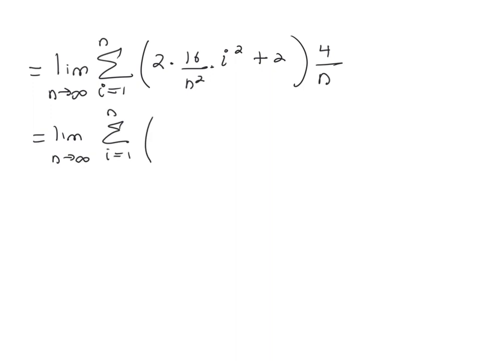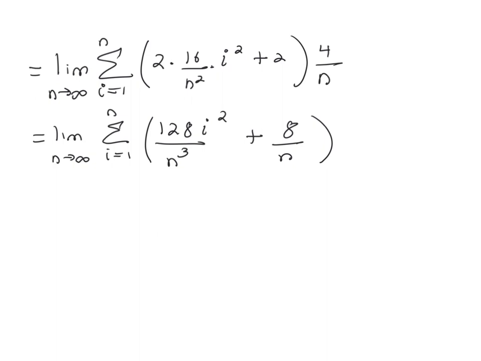If we first multiply this thing here, we're going to have 4 times 2, which is 8, times 16, and that's equal to 128. Then we get I squared over n cubed, because we have an n to the first times n. This then gets multiplied here, so this is going to be plus 8 over n.